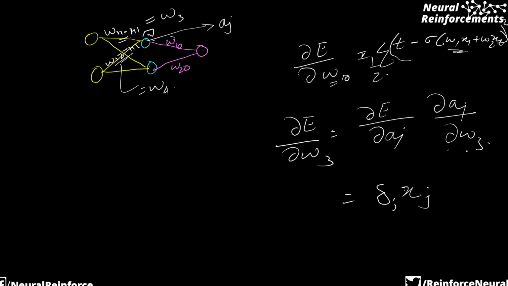And this component is nothing but our W's, these two W's that form our network, the weights of these two. This is again by the chain rule. And now what is our delta? Now this delta is the initial delta.